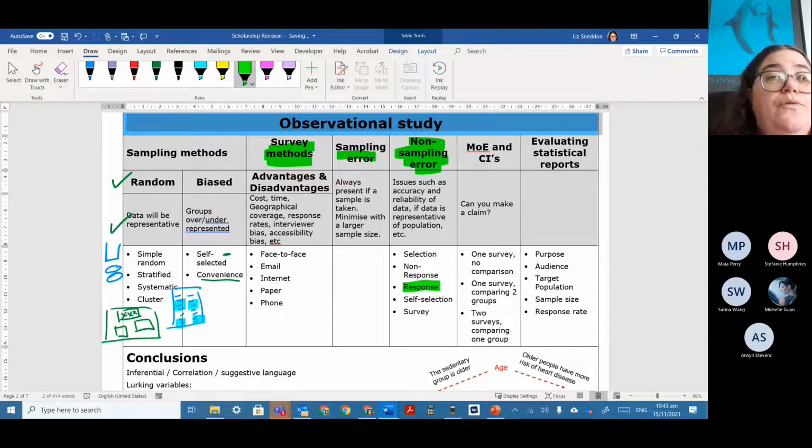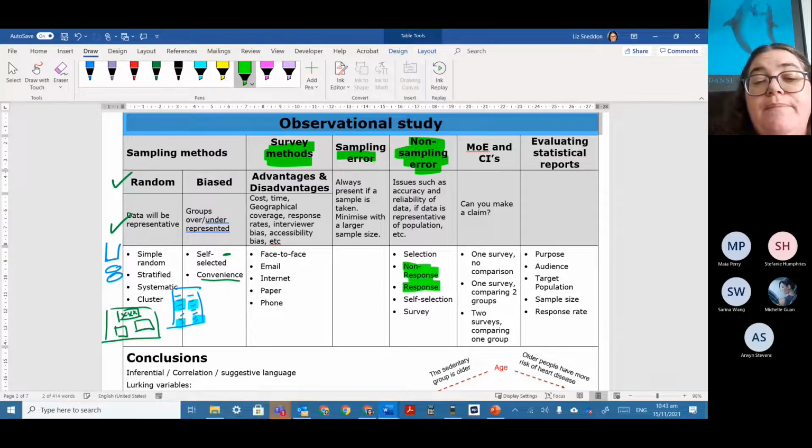People are going to be more truthful face-to-face. If it was something to do with, for example, STDs, by choosing to have a doctor do the survey, they are more likely to get more truthful answers out of participants. So the choices that I make can limit my non-sampling errors.